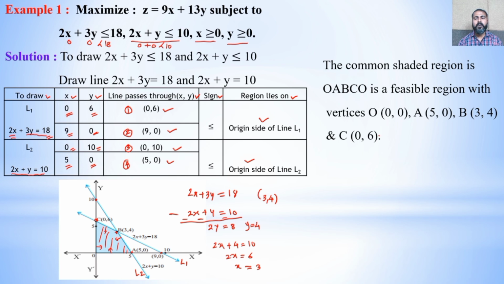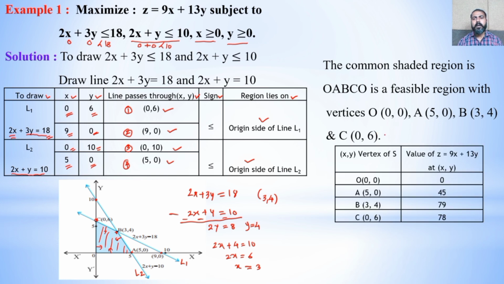Now, these are vertices of feasible region. Now, we check the value of z at these vertices. For that, we prepare a table. Table consists of 2 columns. First one is for vertex and second one is for value of z.